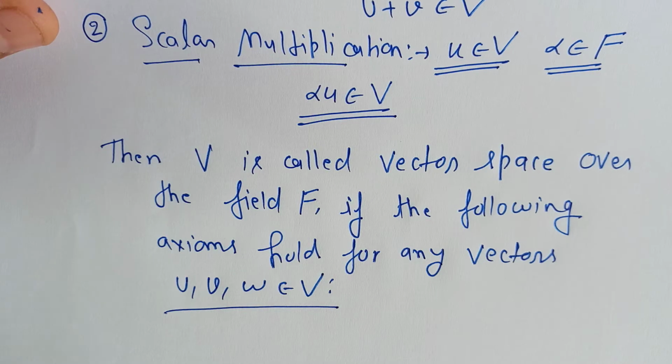If those properties are satisfied by the vectors u, v, w, then V is said to be a vector space over the field F.